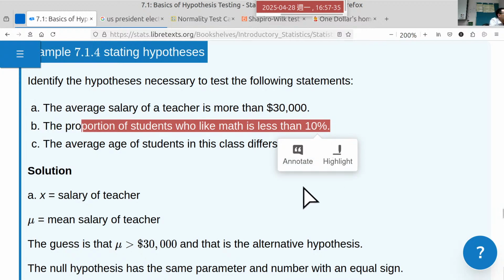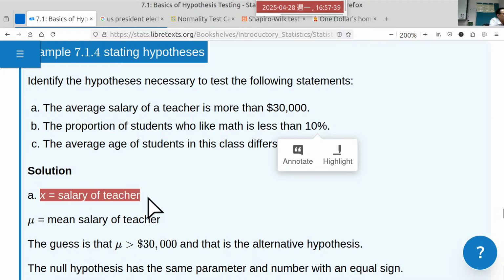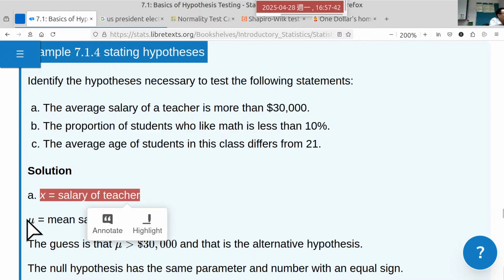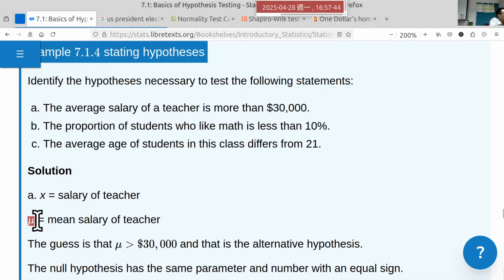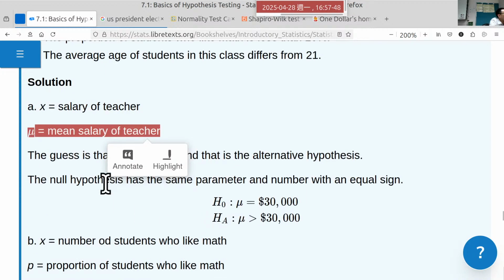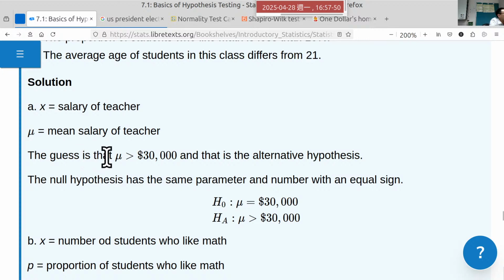Okay, let's check part A. Solution: X is the salary of a teacher. Mu is the mean salary of a teacher. And the guess is that the mean is greater than $30,000, and that is the alternative hypothesis.